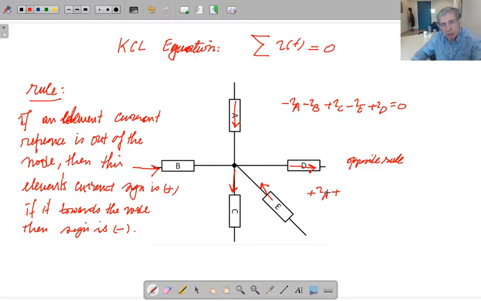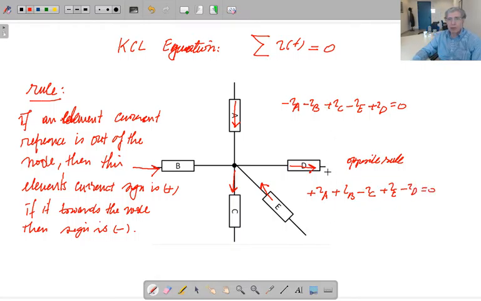B is towards, so plus IB, C is out of the node, so minus IC, and plus IE, and minus ID equal to 0.